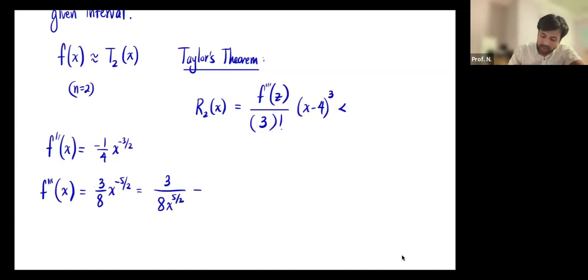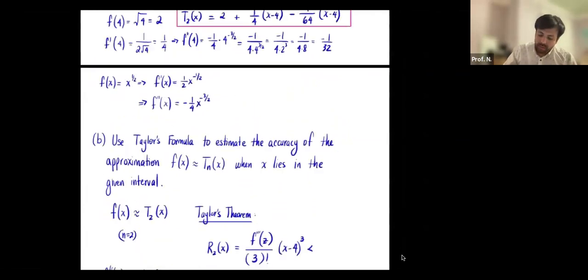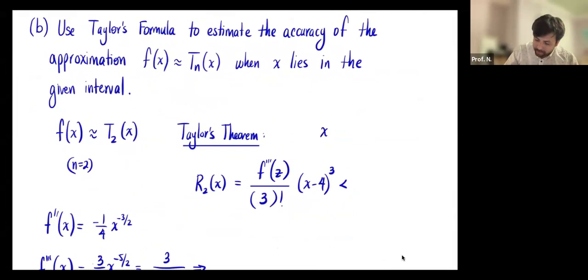Now, what is the z business? So z is a value in the interval that we're given. What's the interval? We're given that the x values are between 4 and 4.2.